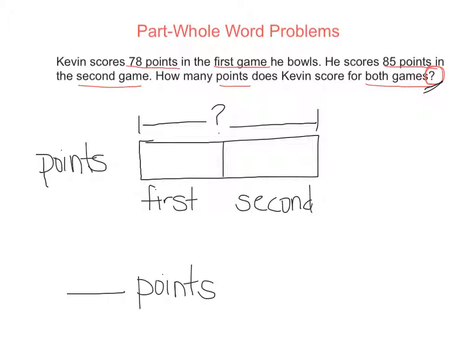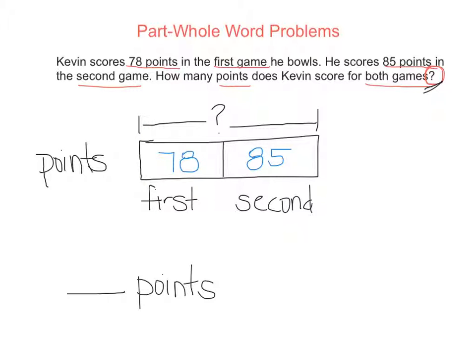Now I can take this information and fill in my bar model. Kevin scores 78 points in the first game, so I'm going to put 78 right here. And then in the second game, it tells me he scores 85 points. Now I know, because we've been talking about this like a fact family, if I have part, part, equals this whole bar, and I know two parts and I am missing my total, I know that I can add.